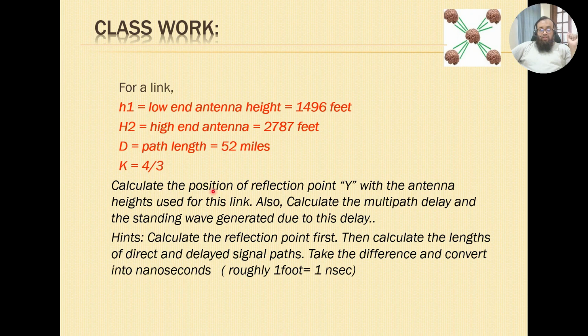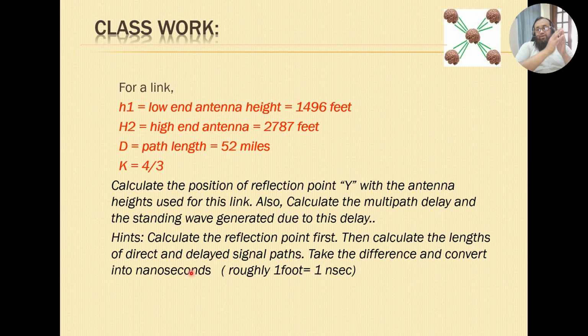So you need to calculate the position of the reflection point Y with the antenna heights used for these links. Also calculate the multipath delay and the standing wave generated due to this delay. So we should calculate the reflection point first, then calculate the lengths of the direct and delayed signal paths, and we'll take the difference and convert it into nanoseconds.